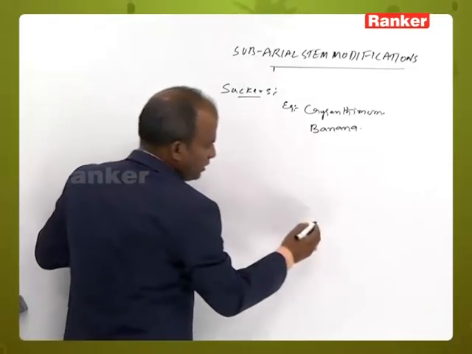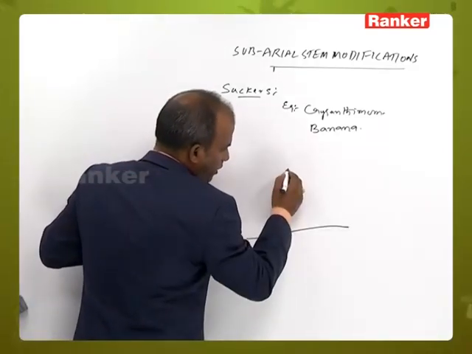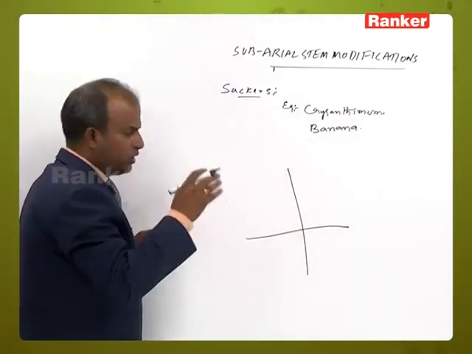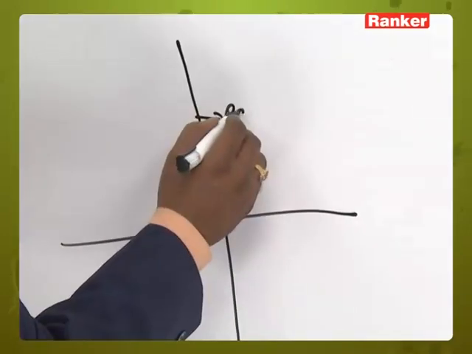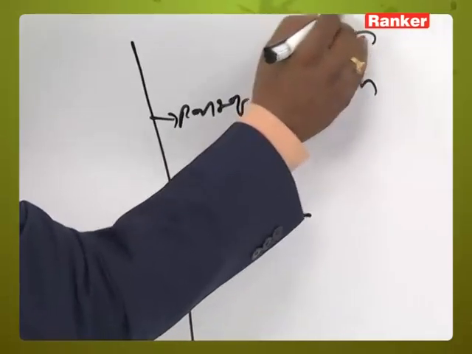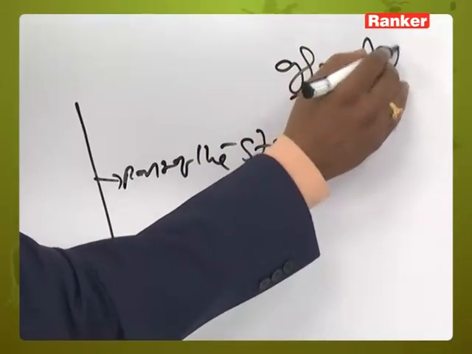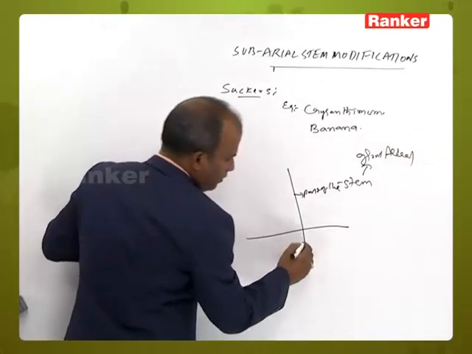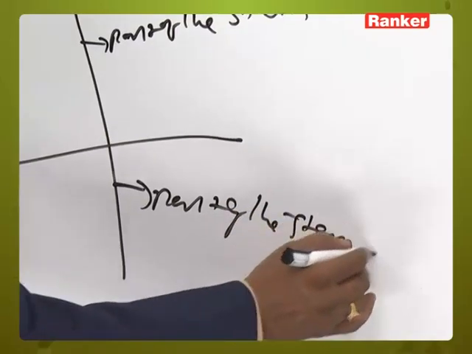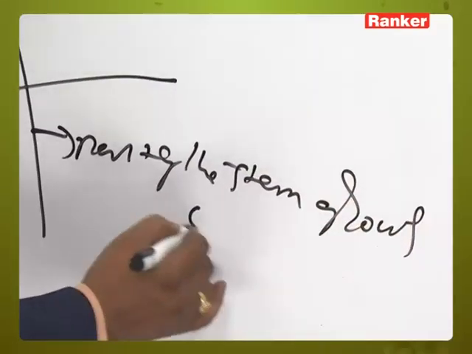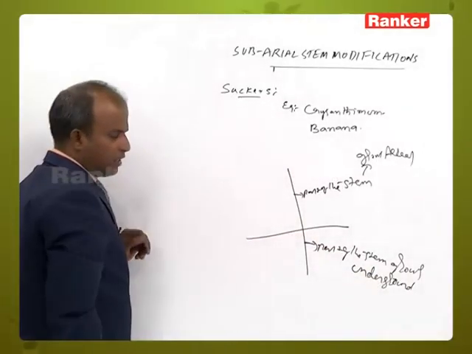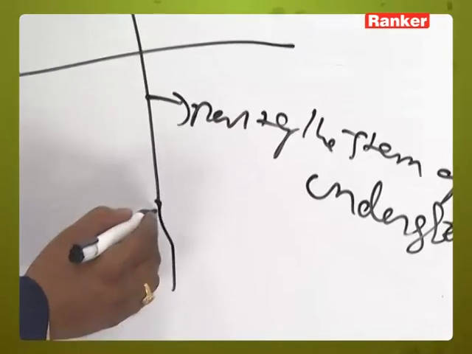And what happens here: part of the stem grows aerial, whereas part of the stem grows underground. That means it shows a root system.